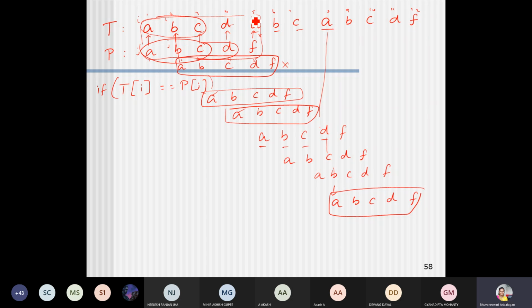Why can't I check whether any other substring matches in the upcoming text? That is the drawback of this basic algorithm. We will not check for any form of patterns which are going to come up in the text.